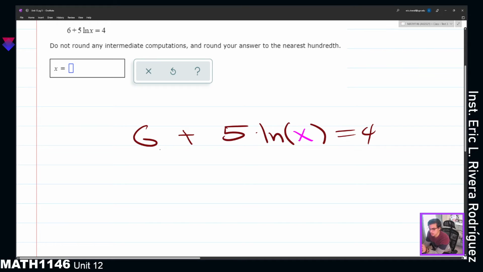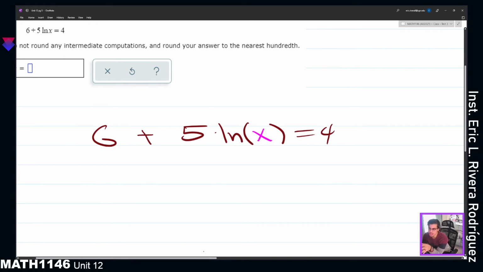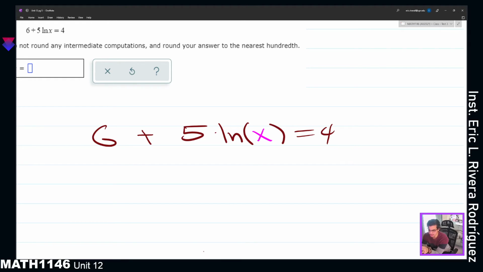So what is the strategy? The strategy here is going to be always the same. This equation is fairly easy to solve, but the strategy that we are going to use here is the same strategy that we're going to use on the rest of the equations. So this part is important.